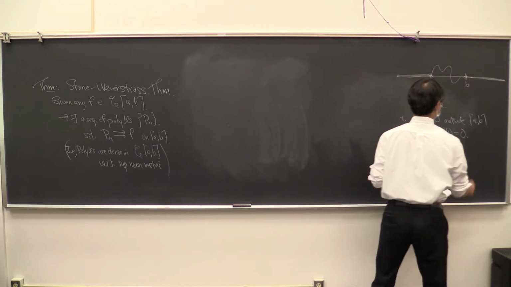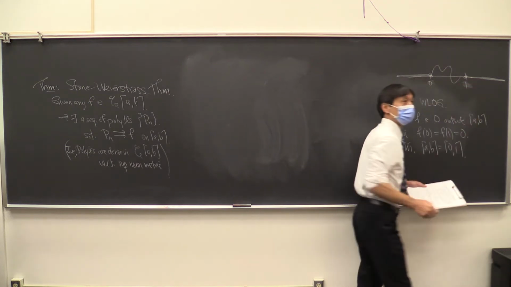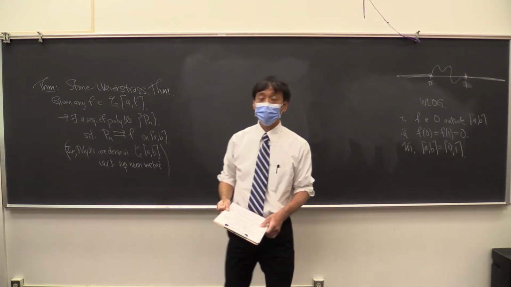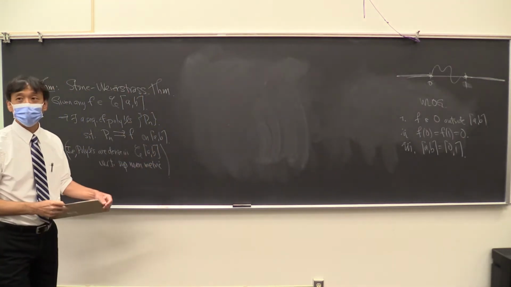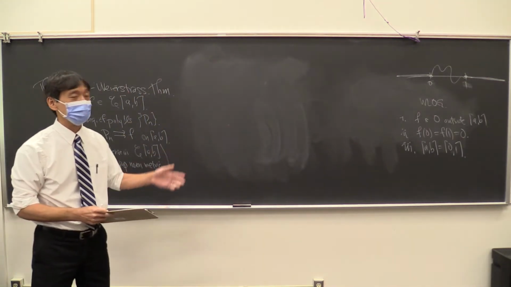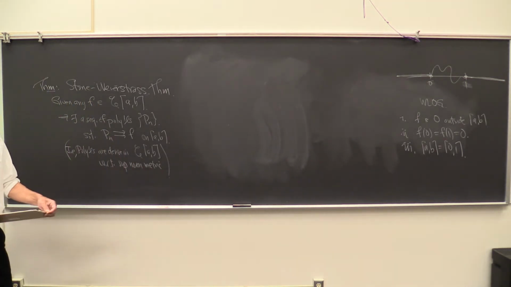It doesn't make any difference. Those are going to be our assumptions. You'll see that if you can do it for such functions, you can do it for any functions. It's not difficult to see that.